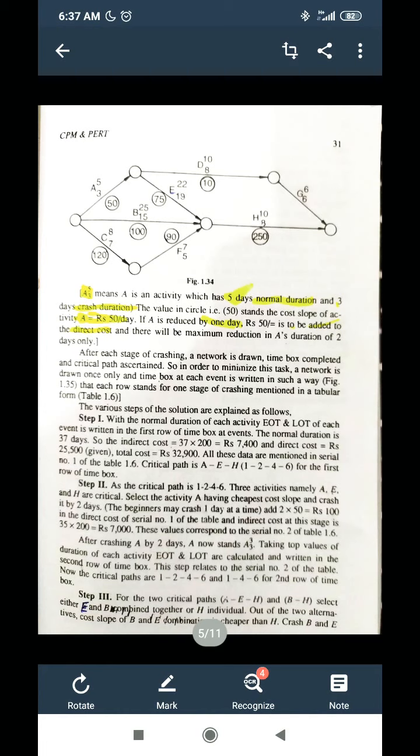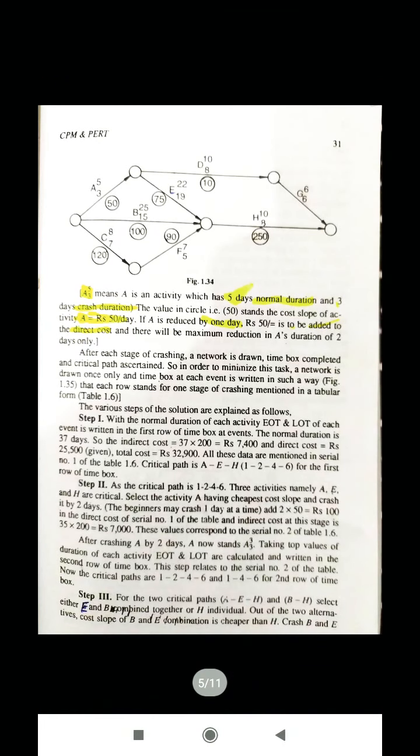This means that if we reduce the time of activity A by 1 day, then rupees 50 will be added to the direct cost. This is the meaning of cost slope.